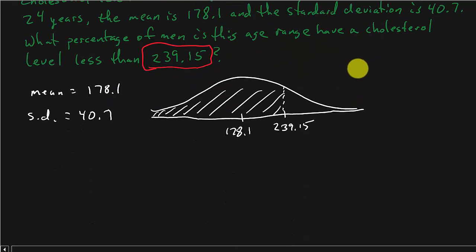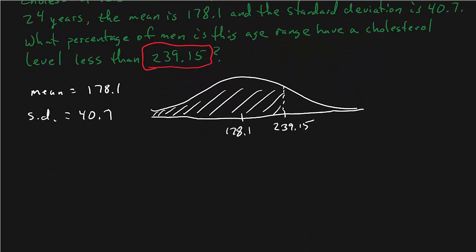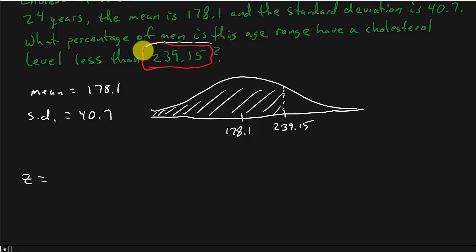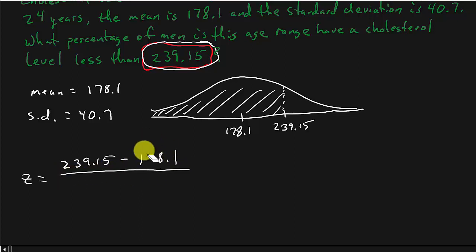Okay, so the first thing we have to do is calculate our z-score. So our z-score is, remember, the data item, that's what we're comparing. That's this 239.15 minus the mean, which is 178.1, over the standard deviation.